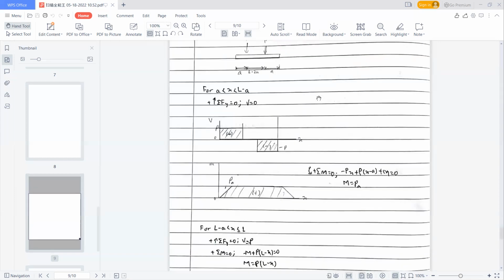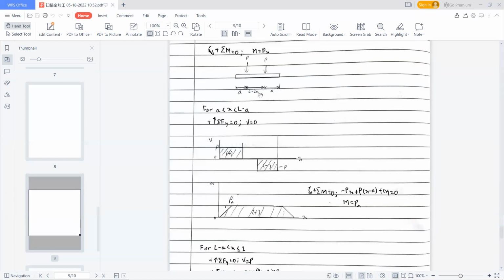For a less than x but less than L minus a, we will have a diagram where L minus 2a is in between and a is from side to side.